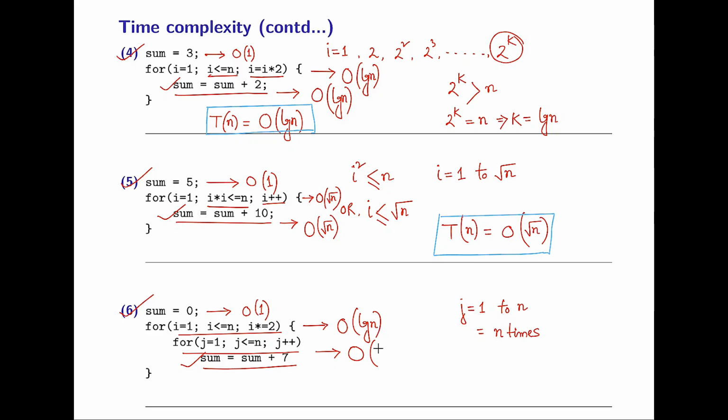So log n into n times, right? So n into log n times. Okay, nested loops. So in case of nested loops, there will be multiplication. Now the statement inside the loop, this one, is going to run for big O of n into log n times. Okay, so that is our time complexity. So what is the time complexity? T(n) equal to big O of n log n.